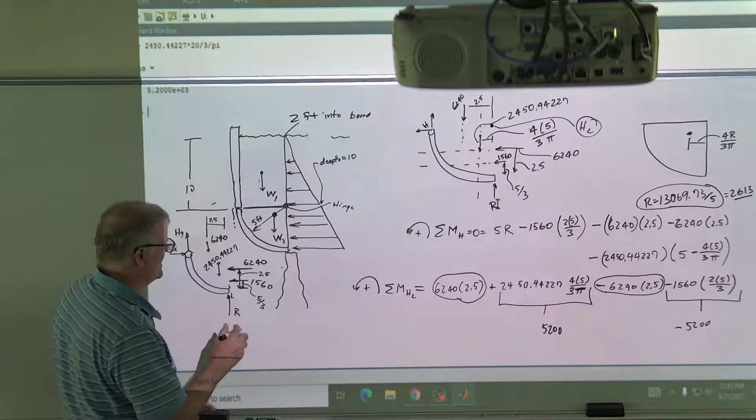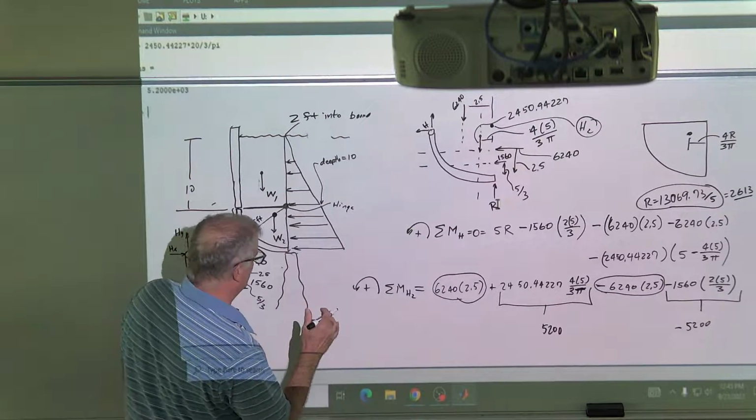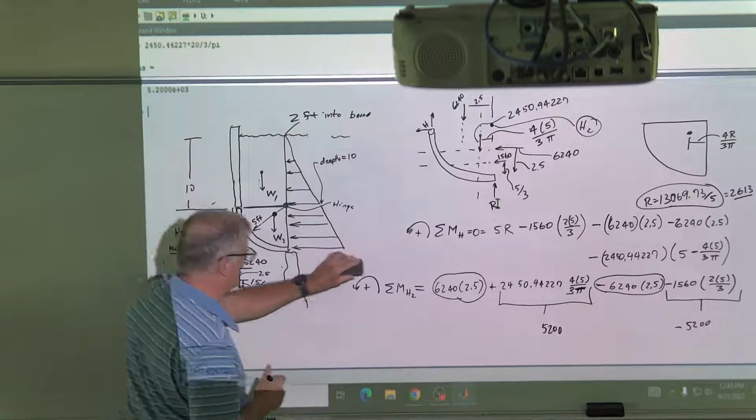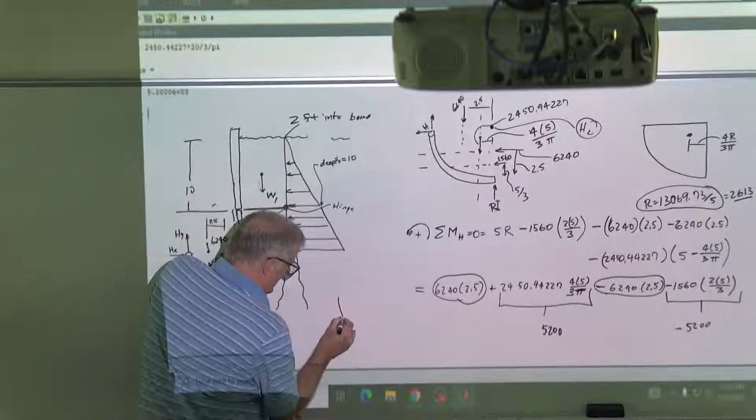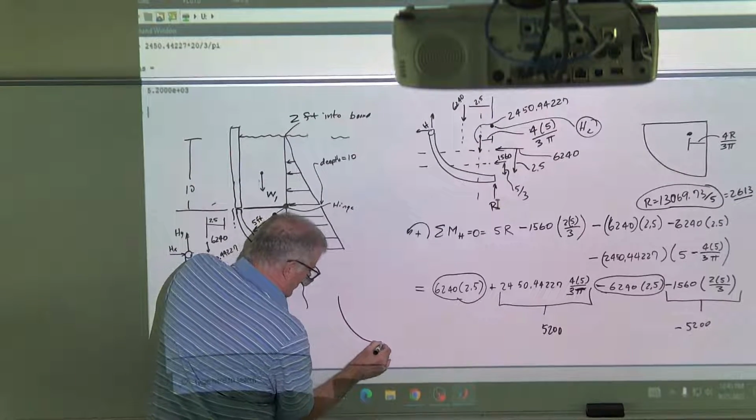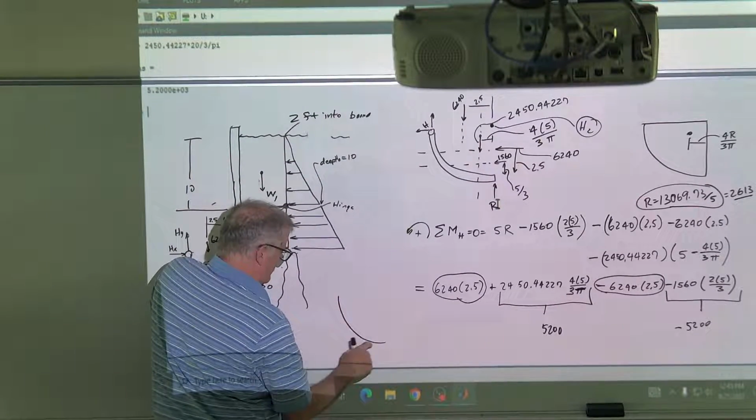Because if you look at them, let me just take this one. If you look at a gate, it's a perfect circle. And this is just what the water sees.